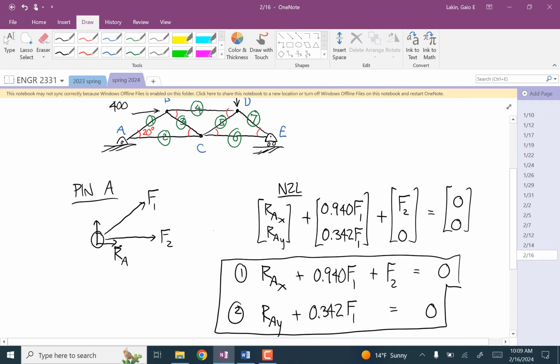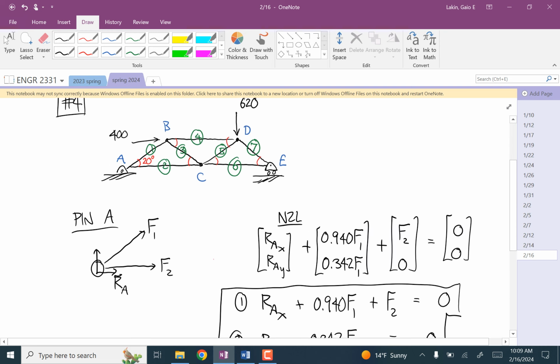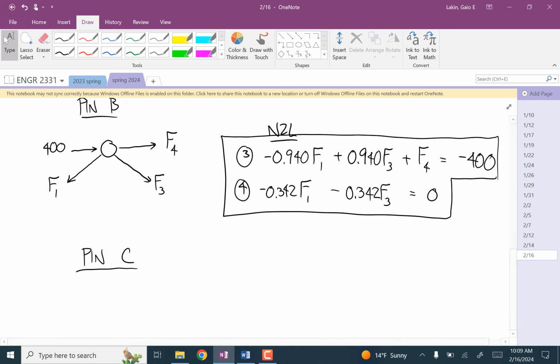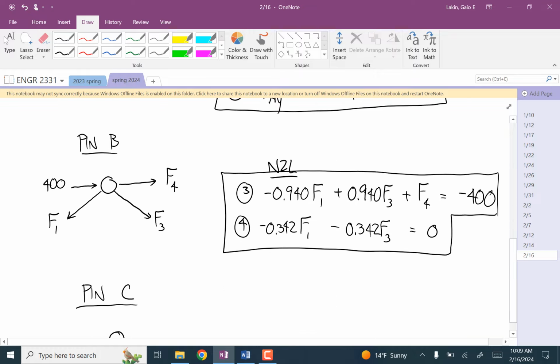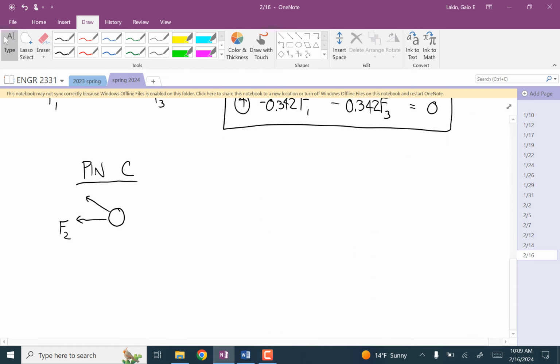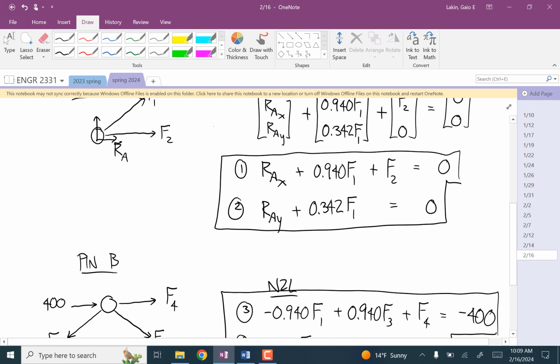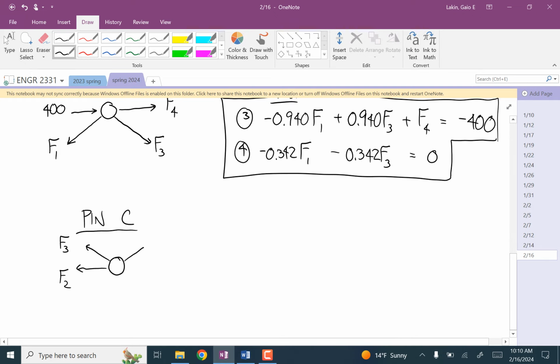And then pin C, so we have F2, F3, F5, and F6.